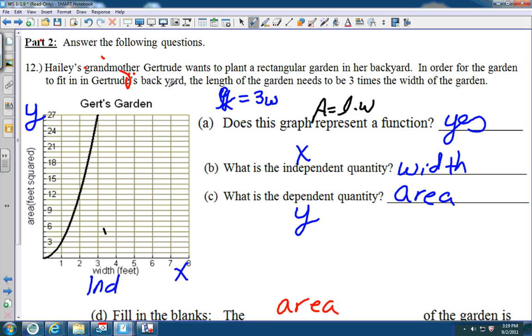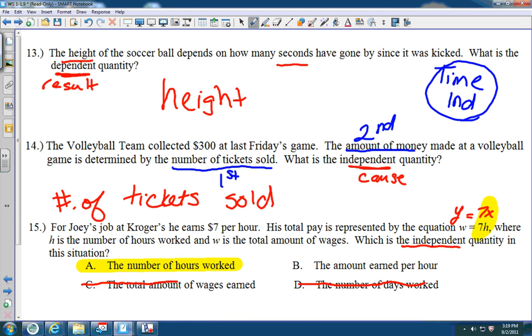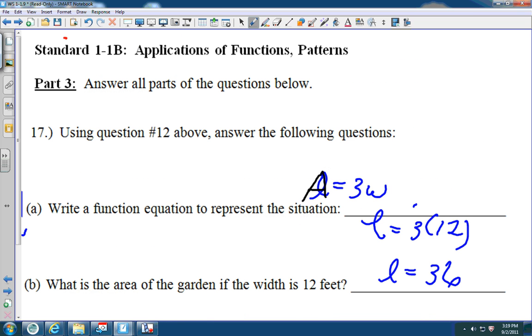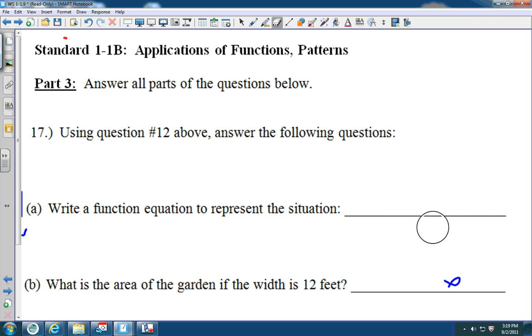Okay, let's go back and look at this. Let me erase all this real quick. Okay, I know that area is length times width. My length is 3 times the width.